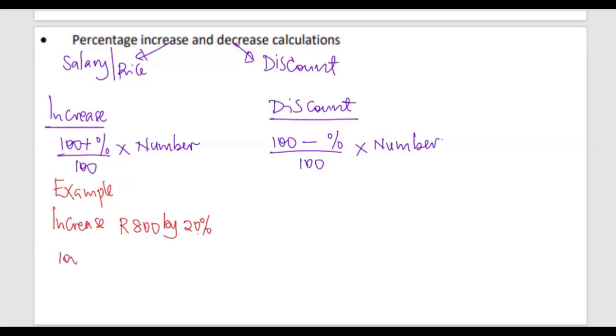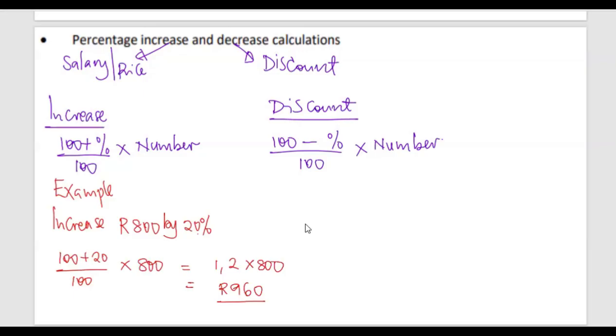It's 100 plus the percentage you're increasing with over 100 times the number that you are increasing, which became 1,2 times 800. And I believe it's 960.